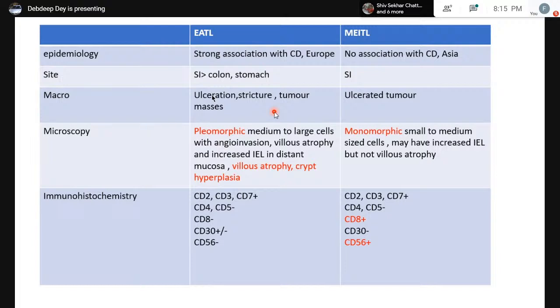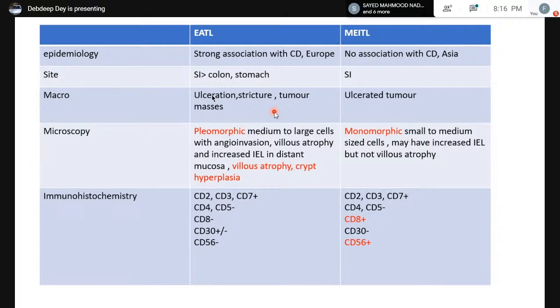The other differentiating points are pleomorphic cells present with angioinvasion in the EATL, and monomorphic cells present in MEITL. Villus atrophy, crypt hyperplasia, increased IAL, all will be present in EATL but not in MEITL. You may have some increased IAL, or that is intraepithelial lymphocyte, but not villus atrophy.